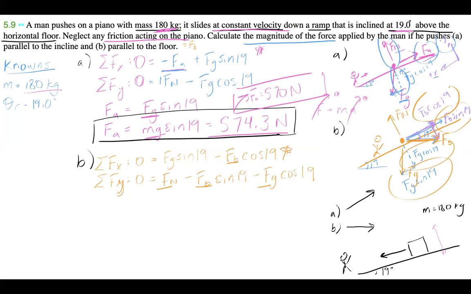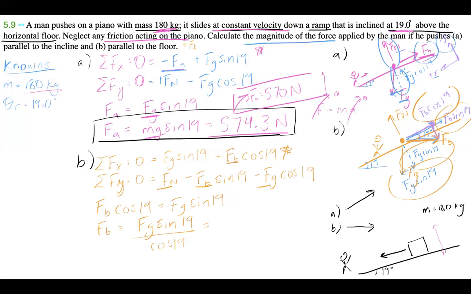And that is going to be FB cos 19 is equal to FG sine 19. FB is equal to FG sine 19 over cos 19. And then we get sine 19 over cos 19, that's tan 19.